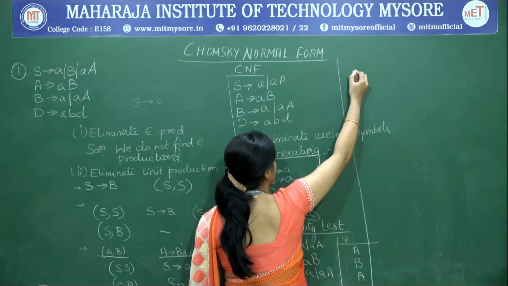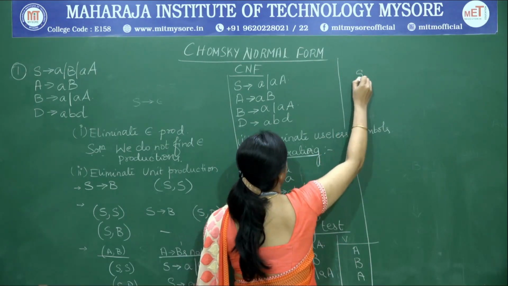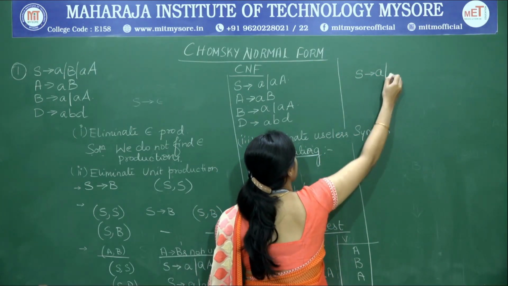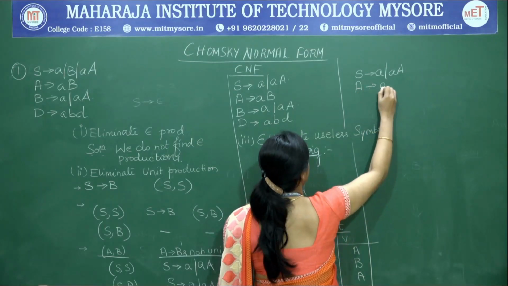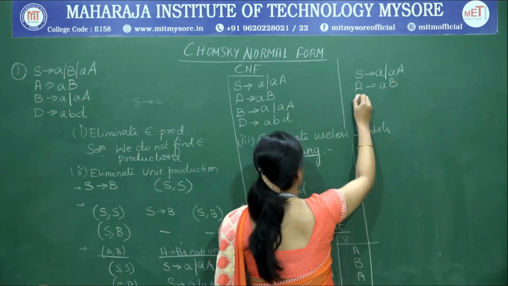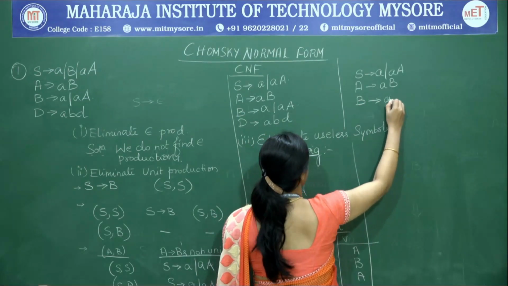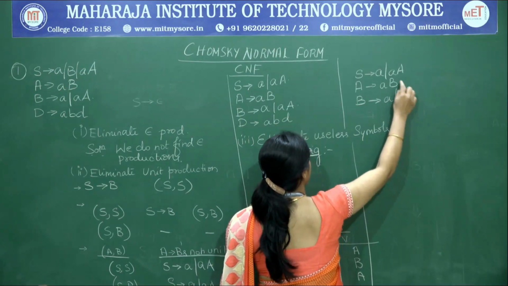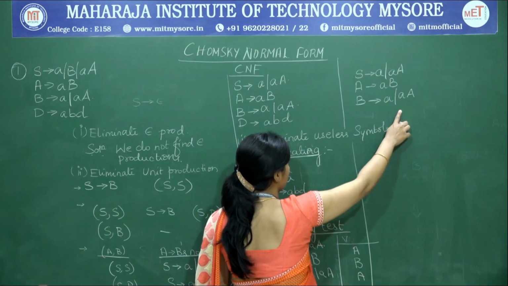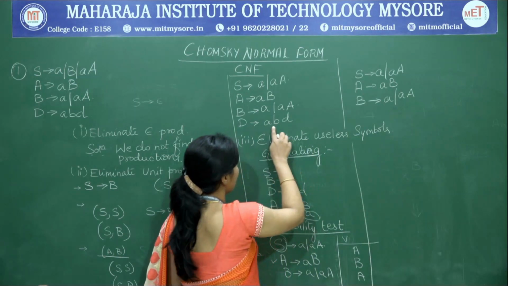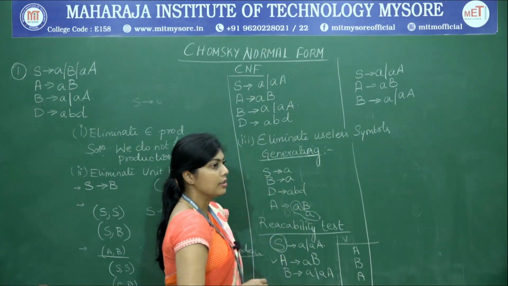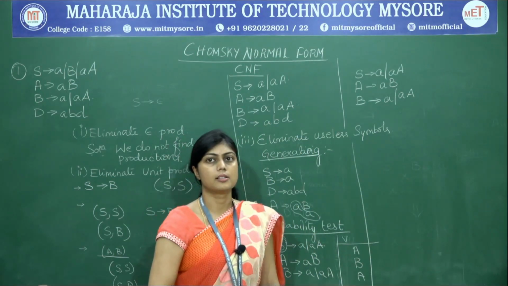So the grammar now becomes S goes to A, AA. A also remains as it is because it is reachable. B also remains as it is because again it is reachable, and nowhere here do we have a D. If there was, we would eliminate it, and there is no need to write D goes to ABD because D is not reachable from the start symbol.